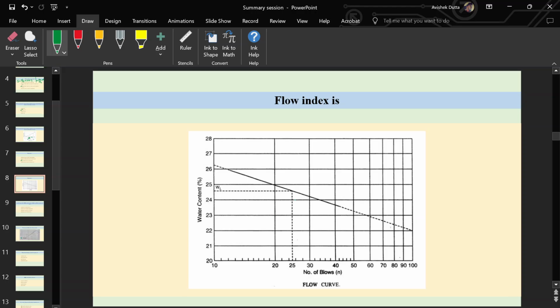Now for a particular slope, say this value is initially W1, and then the moisture content reduces and this value is W2. At W1 this is N1, at W2 this is N2. So what is the flow index formula?